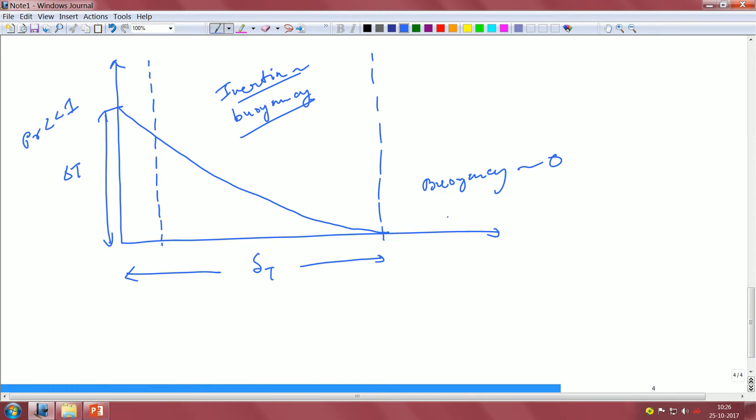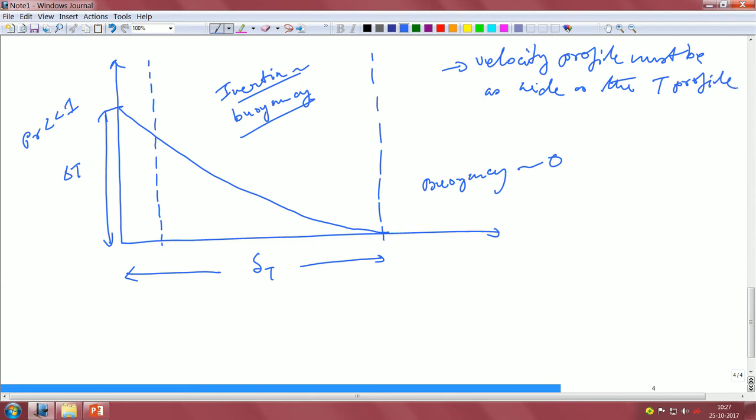And so, we can write this velocity profile must be as wide as the temperature profile. It should be as high as the temperature profile.